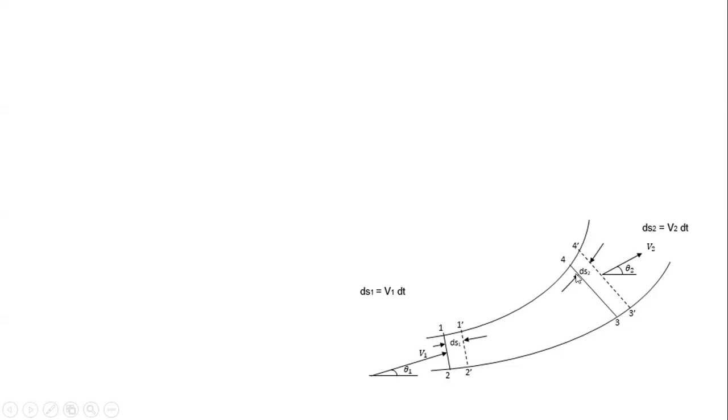The displacement or distance covered there is ds1, meaning that if you're talking about the volume, it's going to be the cross-section area multiplied by this displacement ds1.